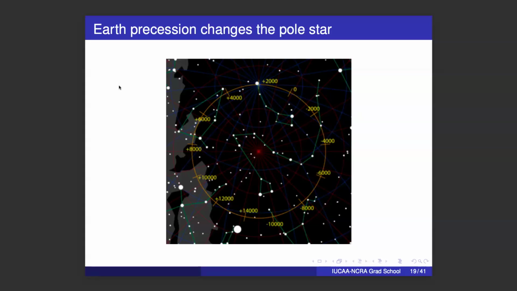But in 88,000, this particular star, it's in Draco, I think, and so on. So different stars. We are fortunate at the moment to have a fairly bright star as the pole star. At some other points in time, there will be no bright star near the pole because of Earth's precession.